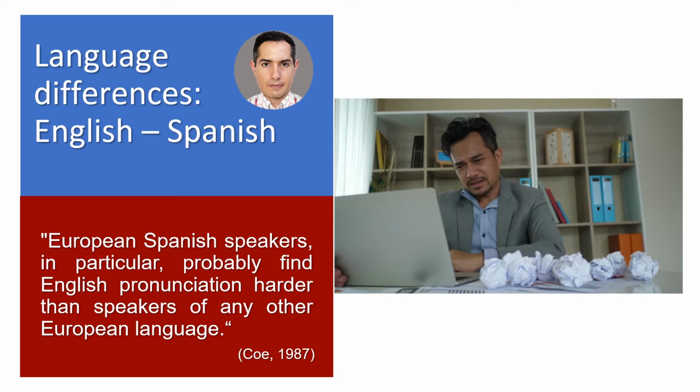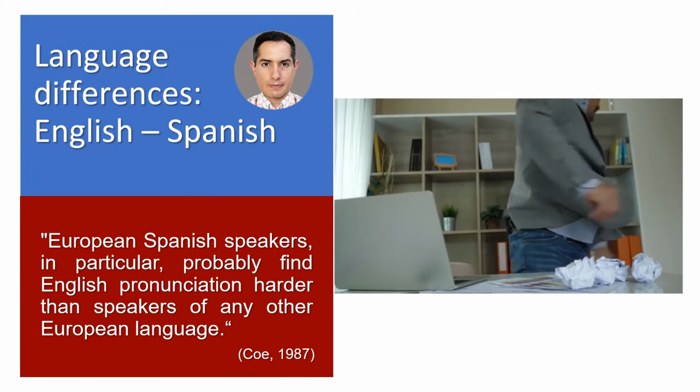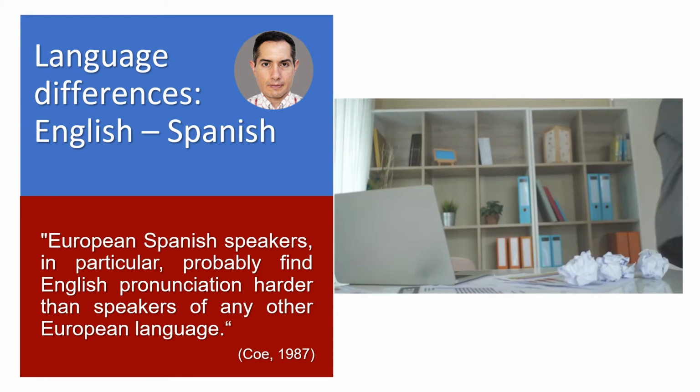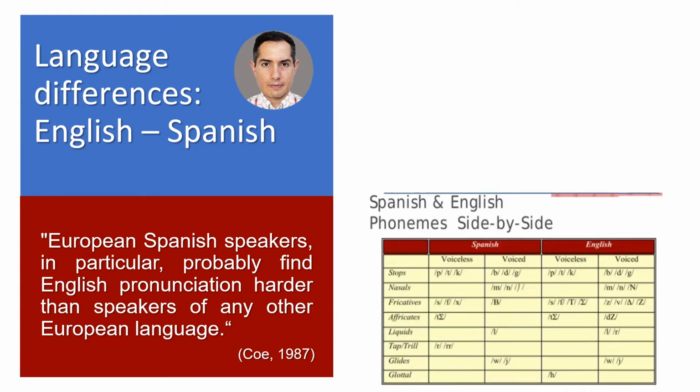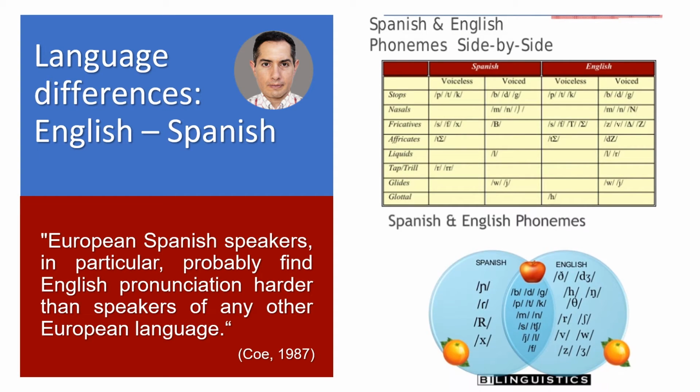Says European Spanish speakers in particular probably find the English pronunciation harder than speakers of any other European language. Next, we have 2 figures with phonemes comparison side by side. We have voiceless and voiced of both languages, Spanish and English.